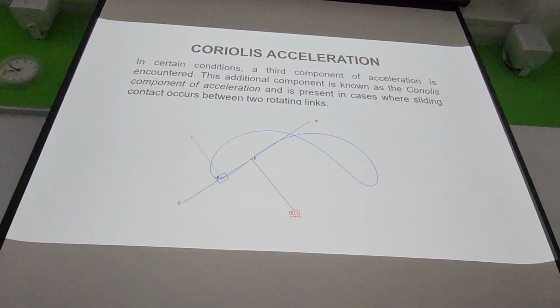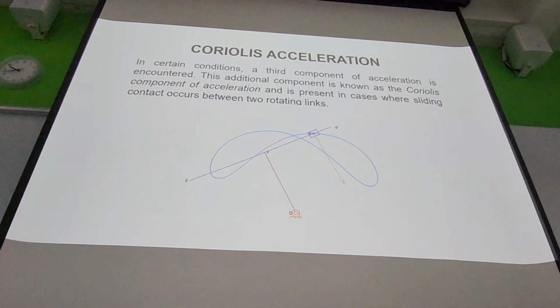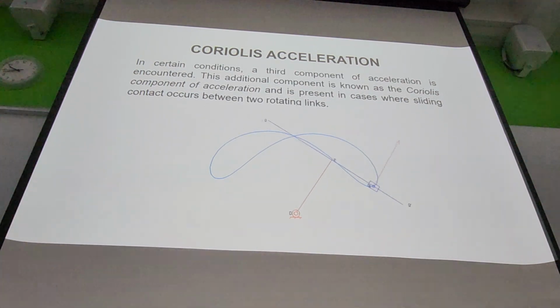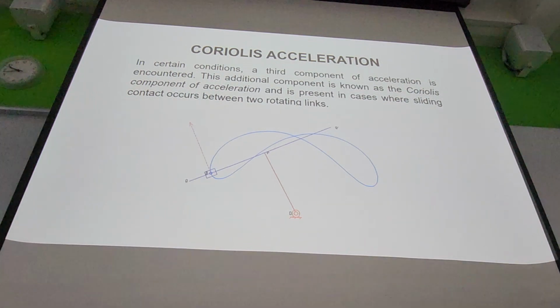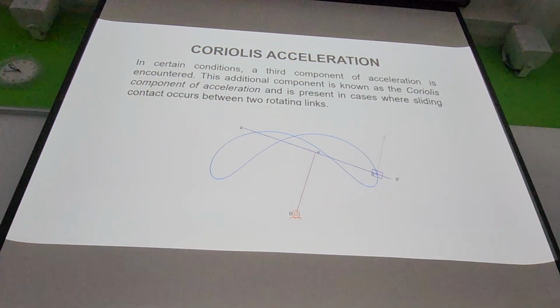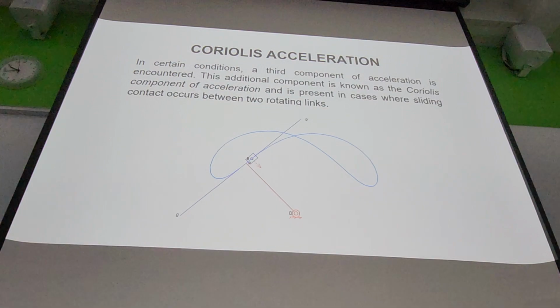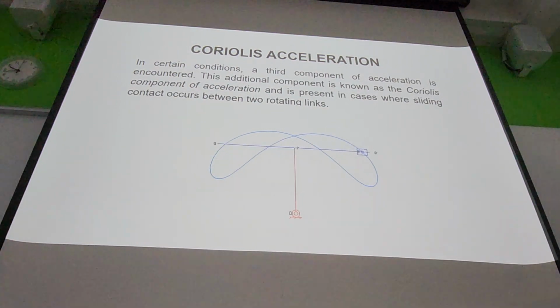Alright, acceleration analysis has one more component which we have not discussed. That component is known as the Coriolis acceleration. This is the third acceleration.